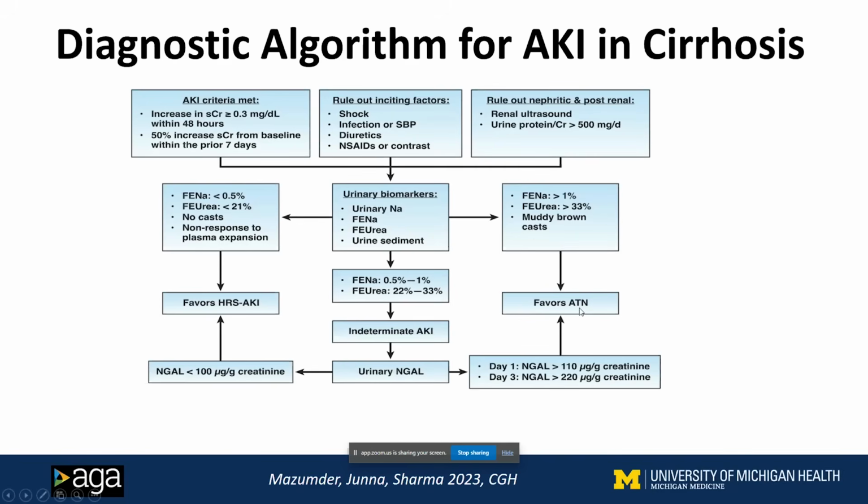But life is not that simple, right? It is complicated. Most of the patients fall in this middle category where FeNa is between 0.5 to 1% and FeUrea is 22% to 33%, and that is the indeterminate AKI. In that scenario, you can use urinary NGAL, which is sometimes available in some institutions.